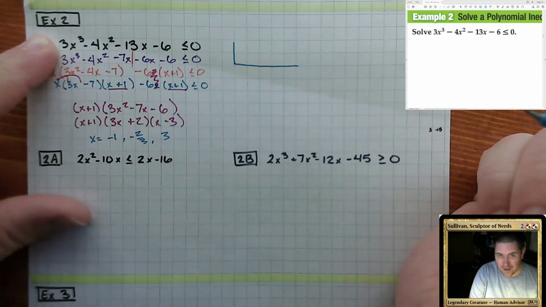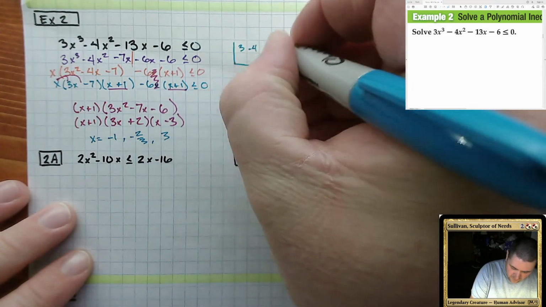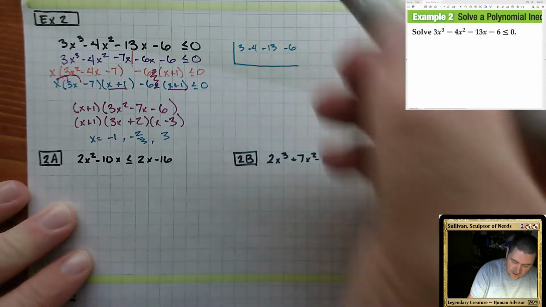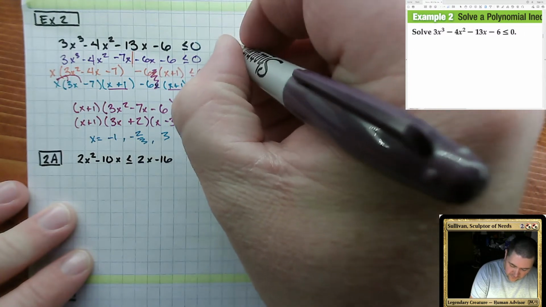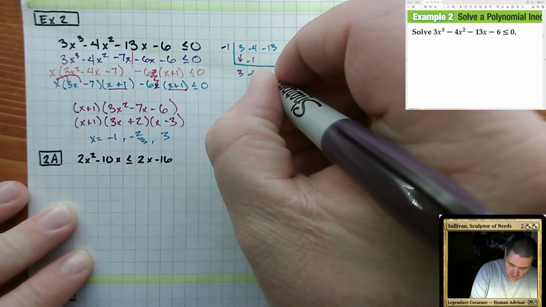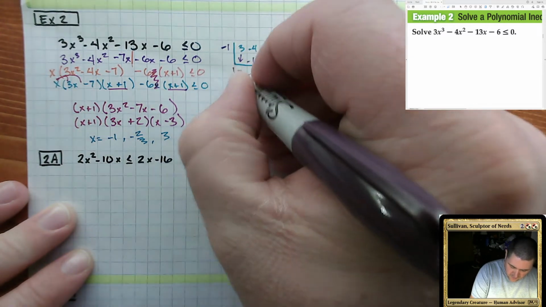jam it into synthetic and feel lucky. I've got 3, negative 4, negative 13, negative 6. And I'll feel really lucky about negative 1. Come on, you. 3, negative 1, negative 7, 7, negative 6, positive 6, done.